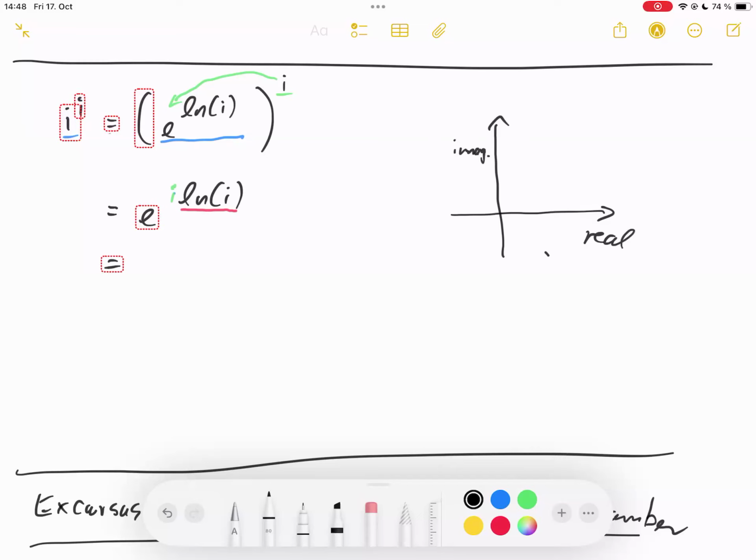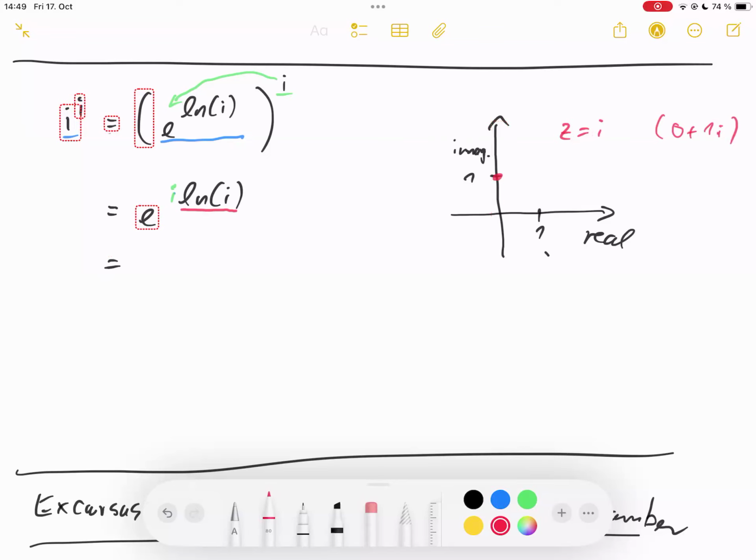And what I want to know is, so we have one here, one here. How do I plot my complex number? That is, z is just i. I put it here because it's 0 plus 1 times i.